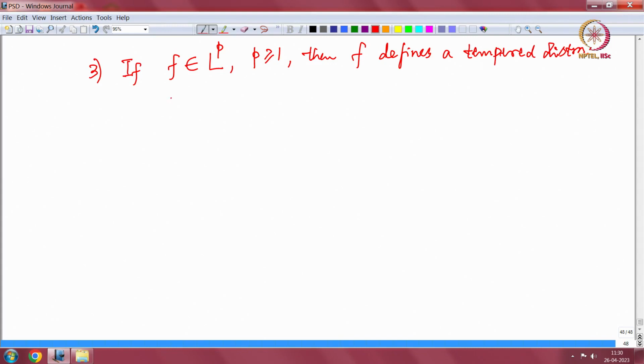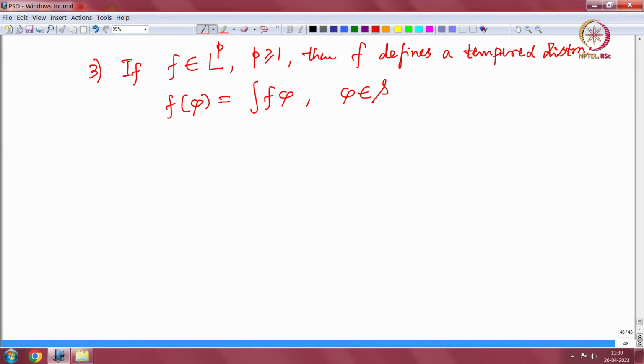So, again I just define f of phi, for phi in S. We have to verify two things, that this is finite and that it is also continuous.